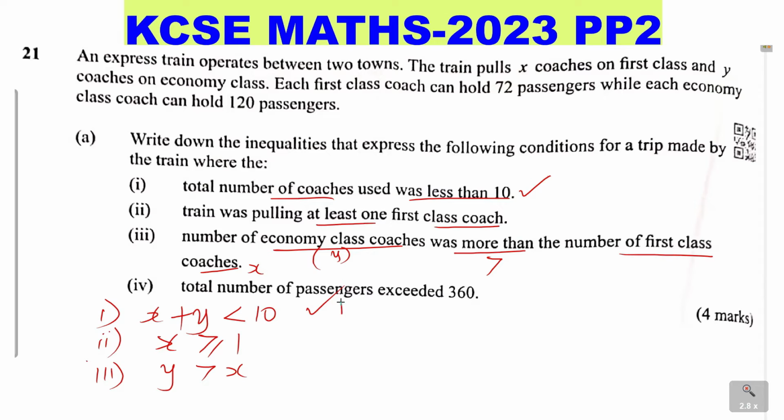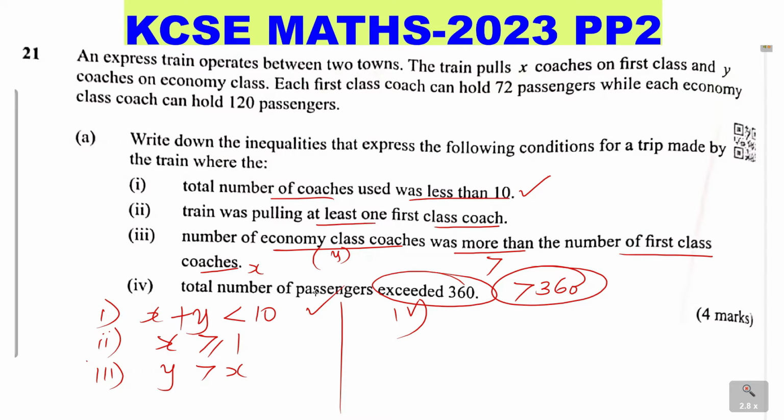Then Roman 4, total number of passengers exceeded 360. Exceeding 360 means it should be greater than 360. That is the meaning of exceeded. So how do you get the number of passengers?